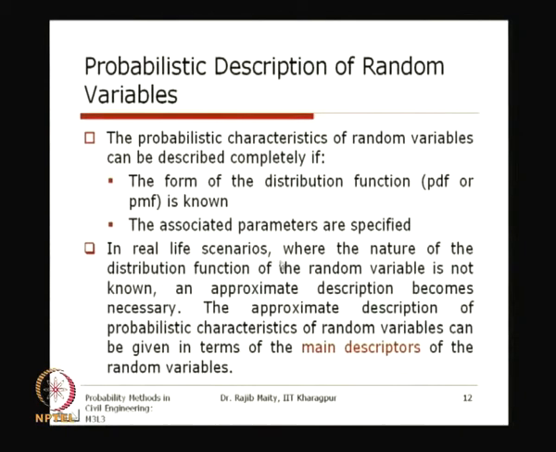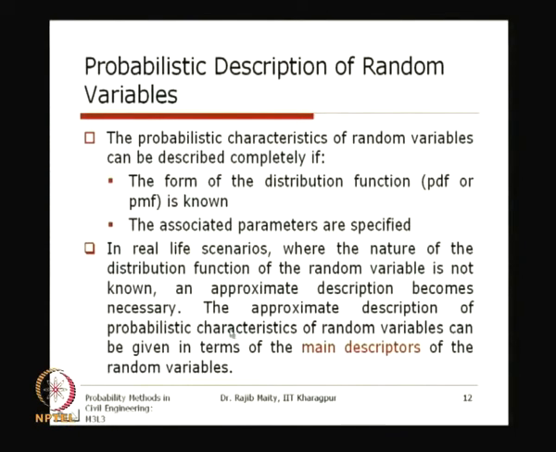Now, in real life scenarios where the nature of the distribution function of the random variable is not known, an approximate description becomes necessary. This can be given in terms of the main descriptors of the random variable.